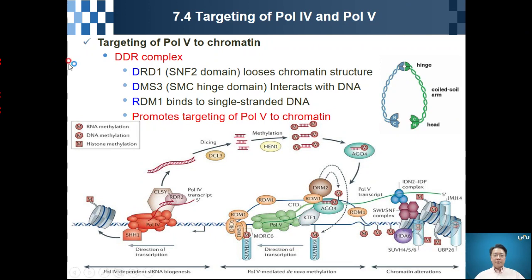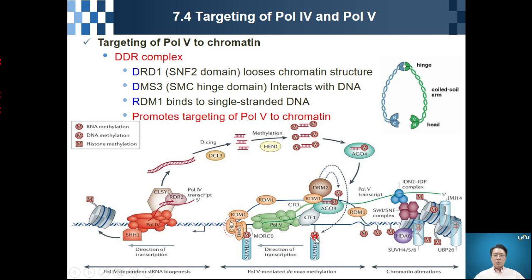So how about the targeting of polymerase 5 to chromatin? This is polymerase 5. How can polymerase 5 be targeted to this region? First of all, the DDR complex is involved in this step. So what is the DDR complex? The DDR complex is composed of DRD1, DMS3, and RDM1.